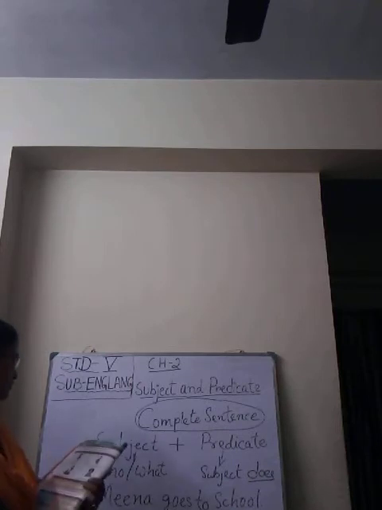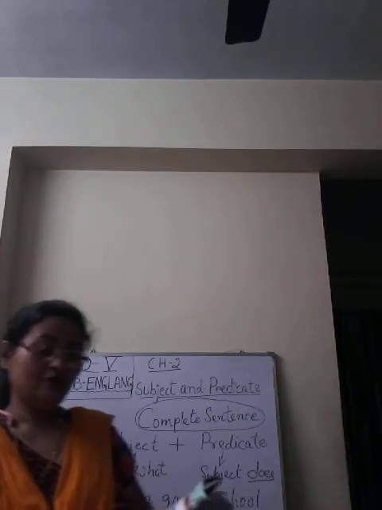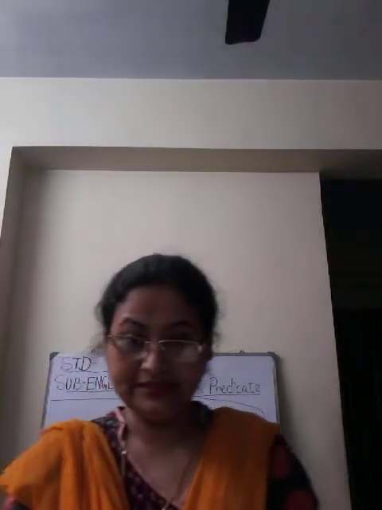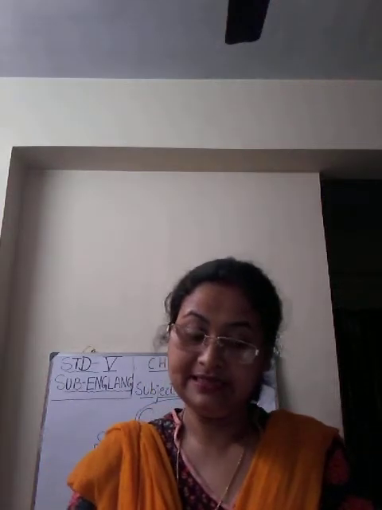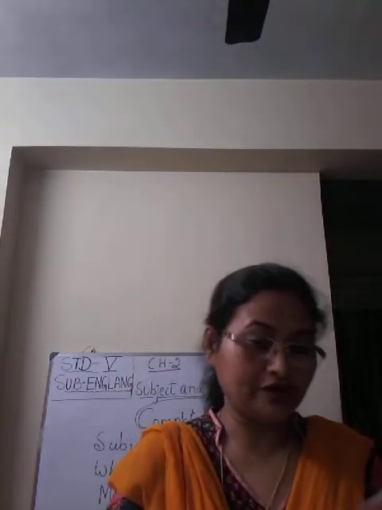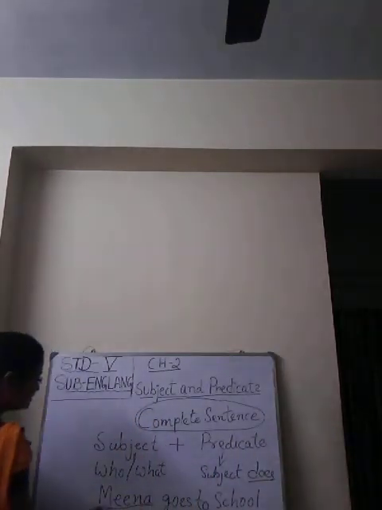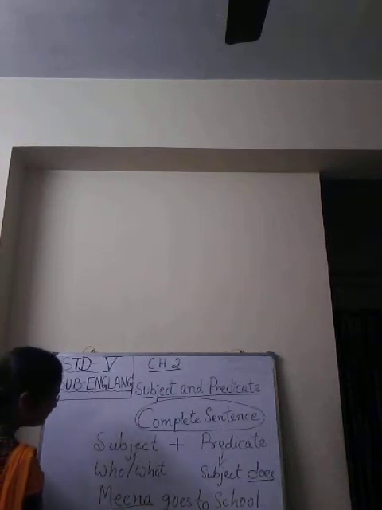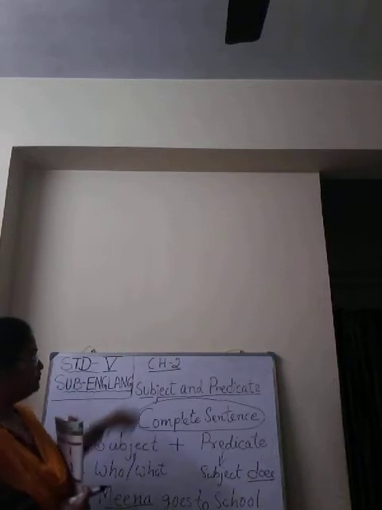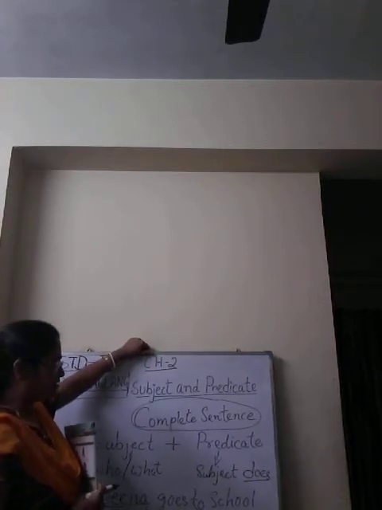Meena goes to school. So, who are we talking about here in this sentence? In this sentence, we are talking about Meena, isn't it? So, Meena is the subject of the sentence. Meena is the subject.